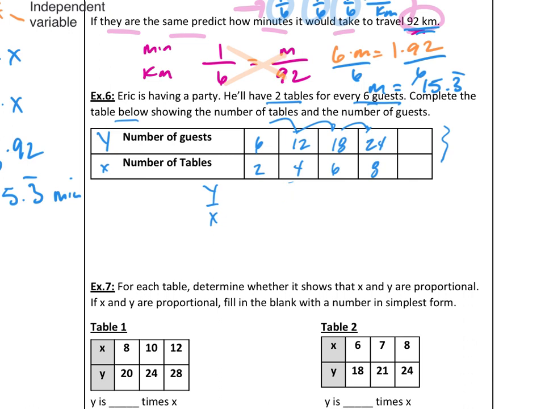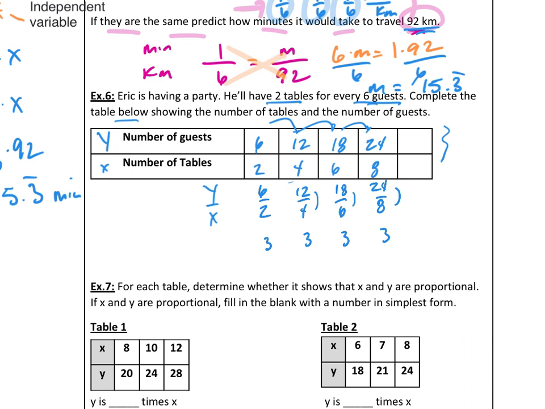Okay, so if we look, I'm going to have 6 over 2 and 12 over 4 and 18 over 6 and 24 over 8. Now I'm going to simplify these. 6 divided by 2 is 3. 12 divided by 4 is 3. 18 divided by 6 is 3. 24 divided by 8 is 3. Are those all equivalent?